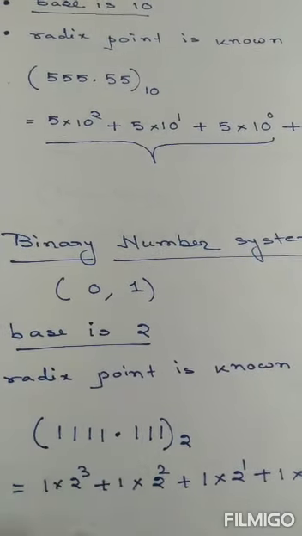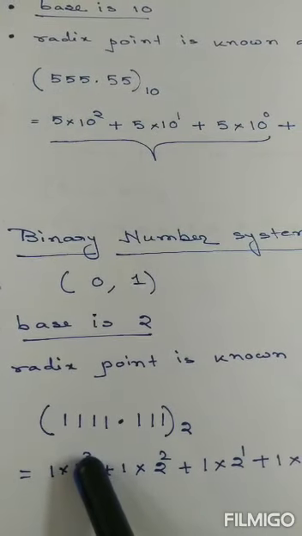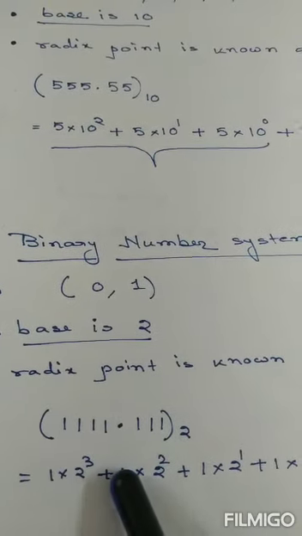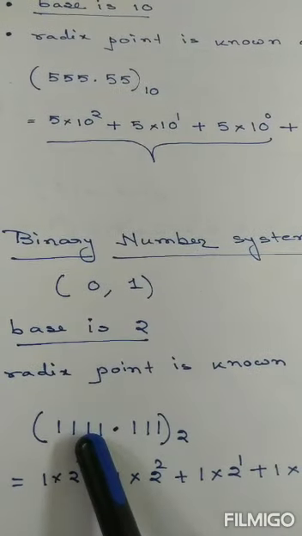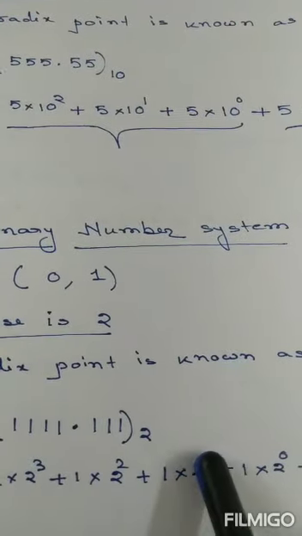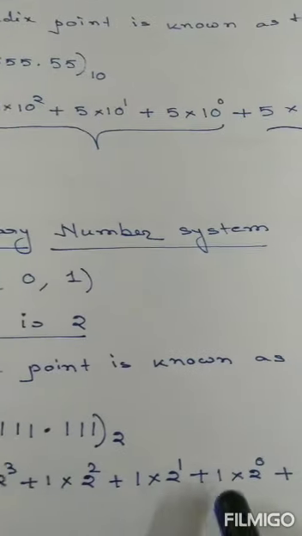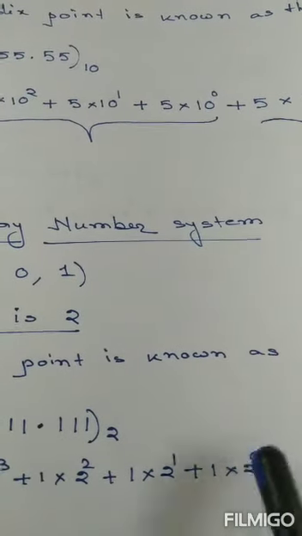So what is the value? 1 into 2 cube, then 1 into 2 square, 1 into 2 to the power 1, and 1 into 2 to the power 0.